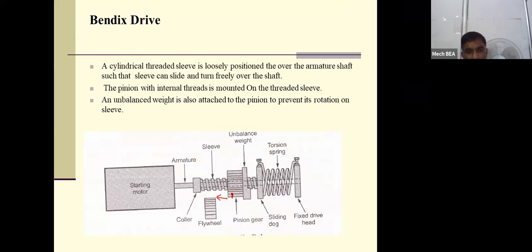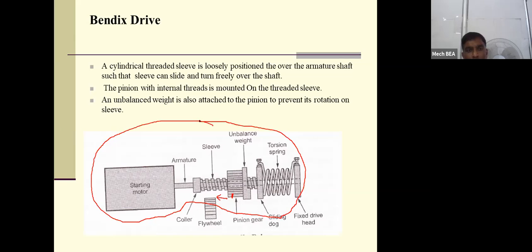So once this pinion gear is in mesh with this flywheel, there will be cranking, and this assembly we are going to call a Bendix drive. This is used to crank the engine, and the motor which runs this pinion at higher speed is called a starting motor.